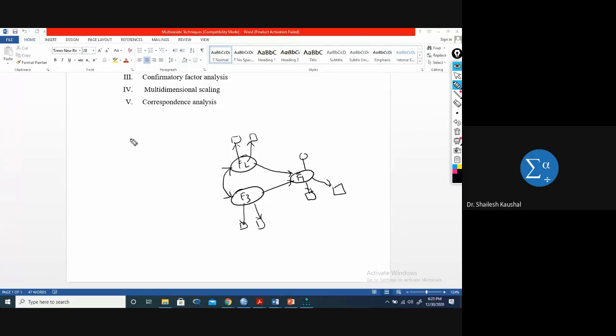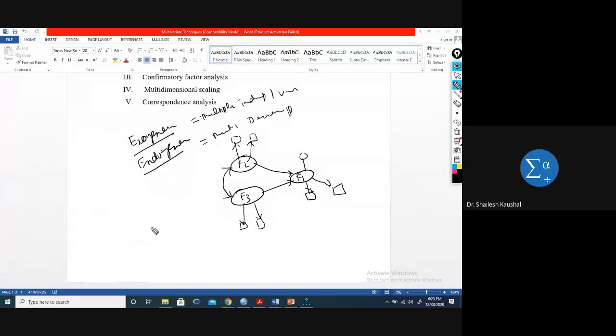Okay, there are two terms, exogenous and endogenous variables. An exogenous construct is the equivalent of multiple independent variables, and endogenous is the equivalent of multiple dependent variables.